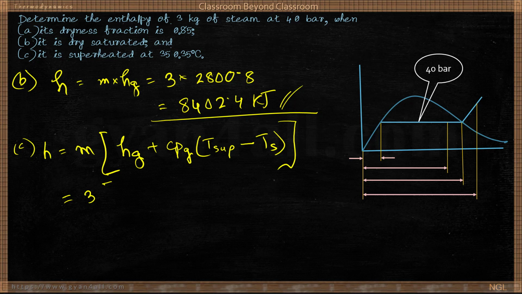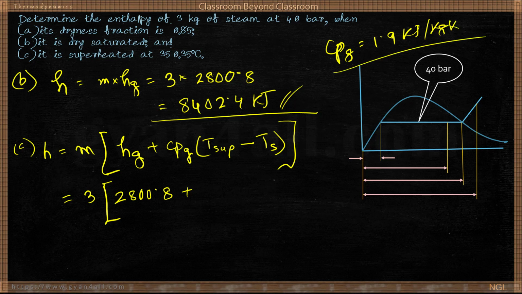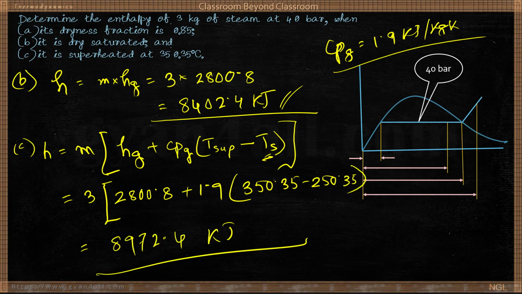And if we put the values, now we have to assume the value of Cpg. Suppose Cpg is equal to 1.9 kilojoule per kg per Kelvin, specific heat of superheated steam. And if we put that value, T sup is given 350.35 and Ts, temperature of saturated steam is. So we have found out all the required enthalpies for 3 different conditions.